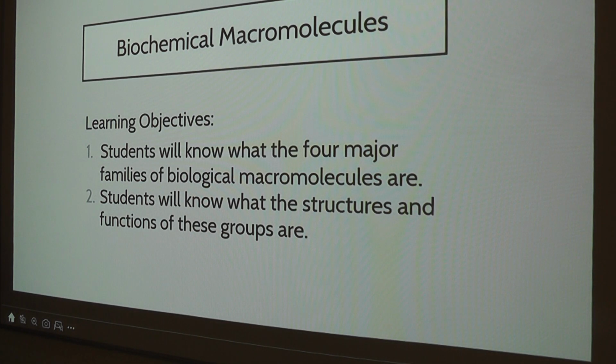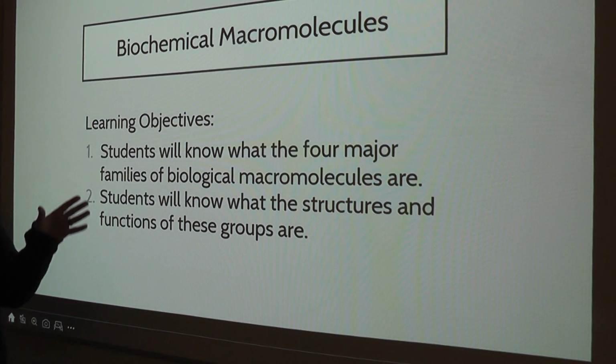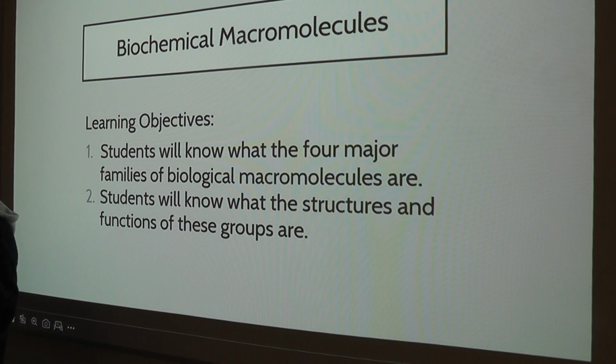They are called biochemical macromolecules or biochemical compounds. We'll see the amoeba sisters in a few minutes. We'll refer to them as biomolecules. It's all the same basic idea, which is that these are the substances that are really important in living organisms. There's lots of other things that are involved, but these are the ones that are most important.